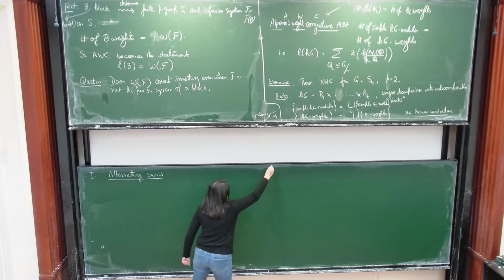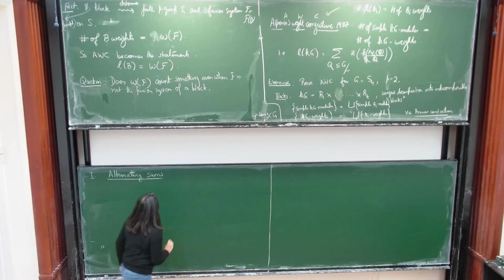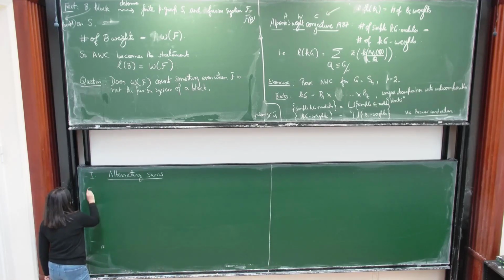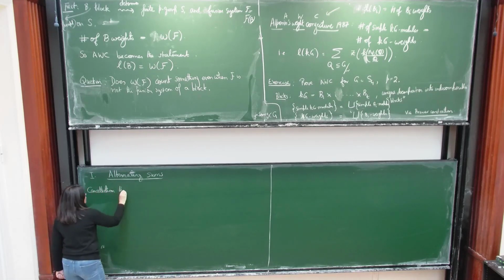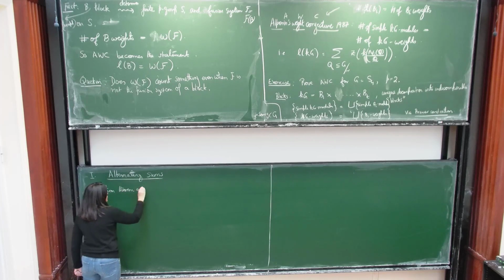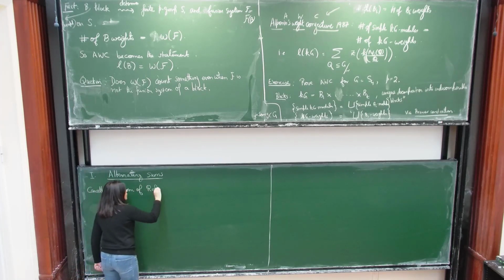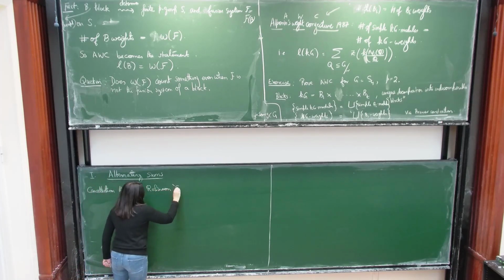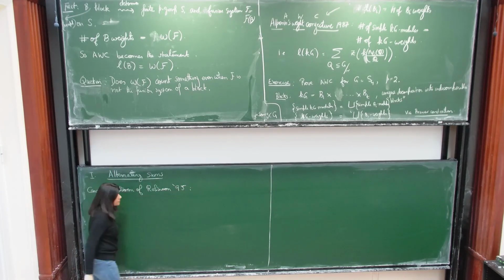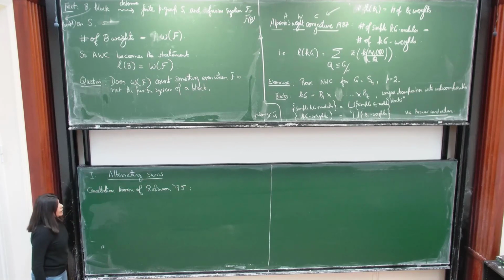Okay, so I'm going to give you a reformulation of a cancellation theorem of Jeff Robinson from 1991. And this also has a provenance.